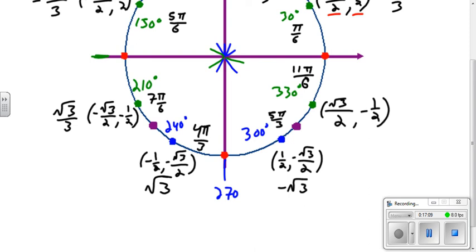Because we know it's the root 3 over 2 in the positive x direction, and it's negative 1/2 down as our y coordinate. Our tangent then at this point is going to be negative root 3 over 3.